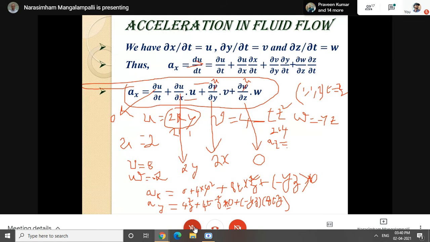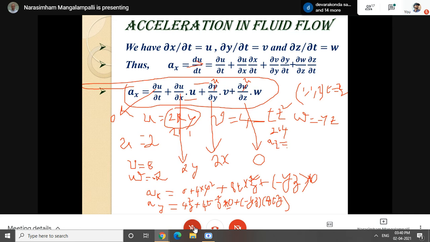Then u dou w by dou x: u is 2xy and dou w by dou x is 0, so the second term is also 0. Then the third term is v dou w by dou y.